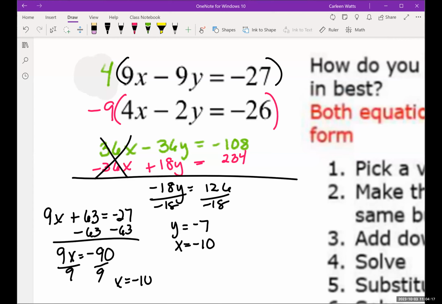If I can multiply both sides by a number, could I also divide and reduce those numbers as long as I do both sides? Look at 9x, negative 9y, negative 27. If you don't like these huge numbers, some of you don't care, you're using a calculator anyway. But instead of multiplying, you could divide all those terms by 9 and bring those numbers down a little bit. So that's an option as well that I think we might use.